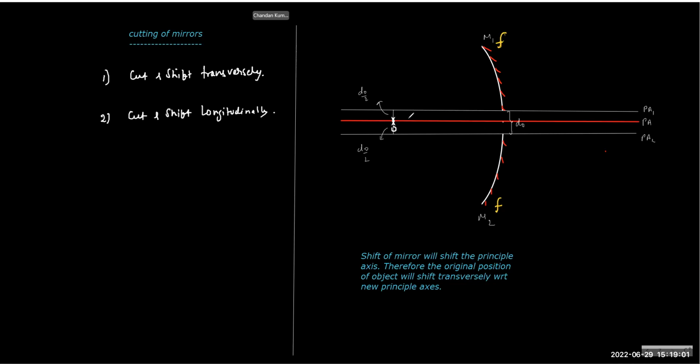It will form a real image for the real object because it's a concave mirror. So the image may be something like this, slightly magnified. The first image will be like this, the second will be like this. So you will get two images.